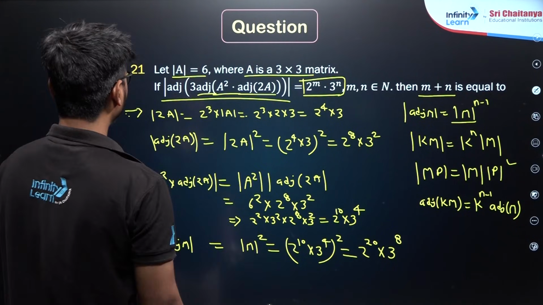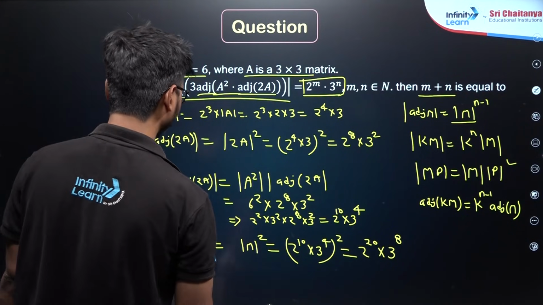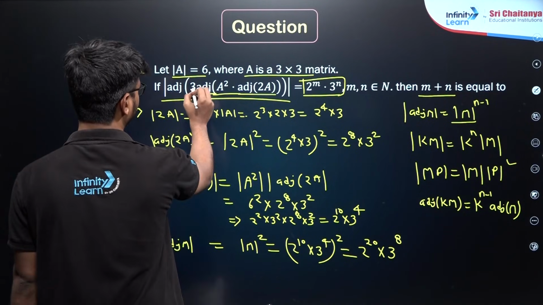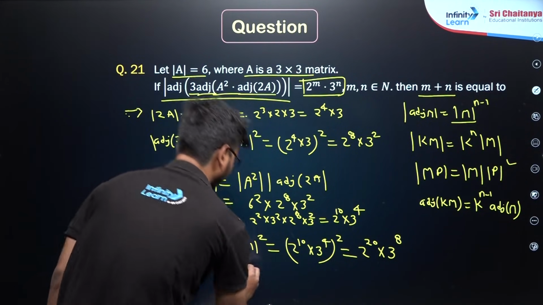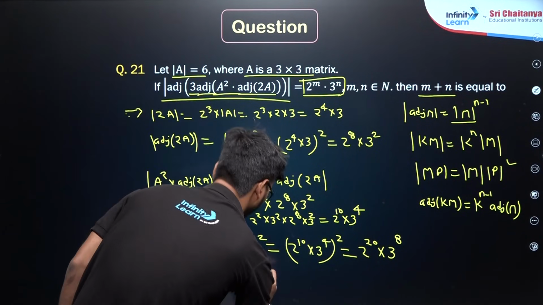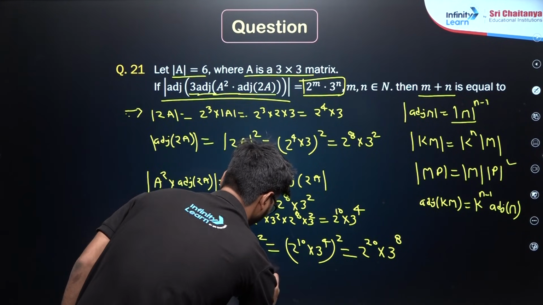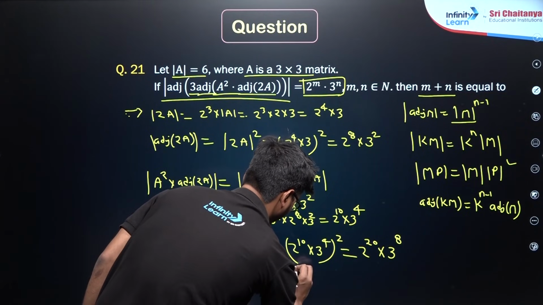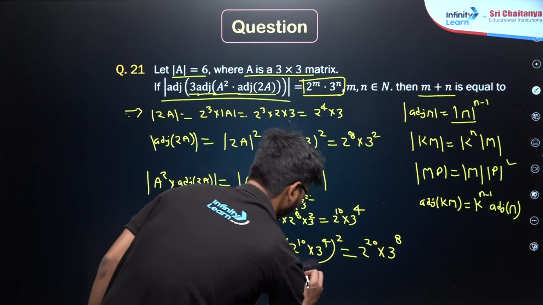Correct? Now if you observe, I want to find the determinant of 3, meaning I am taking this term as well. So there is no need, no space, so I am writing directly. It is basically going to be 3 to the power 3 into 2 to the power 20 into 3 to the power 8.